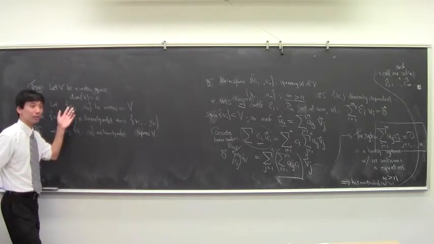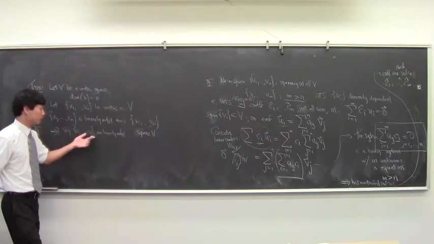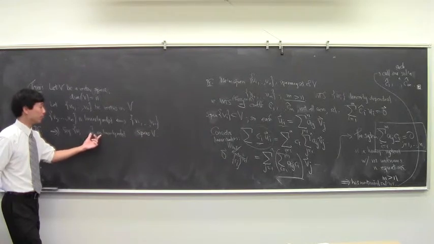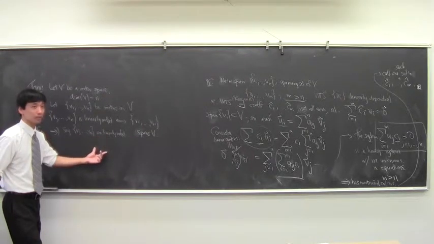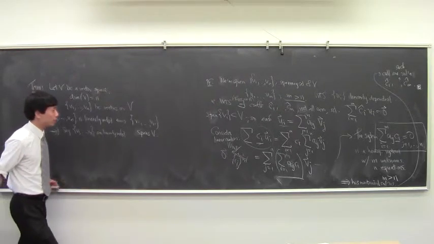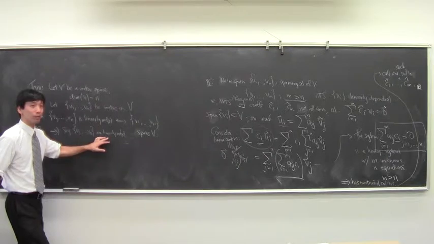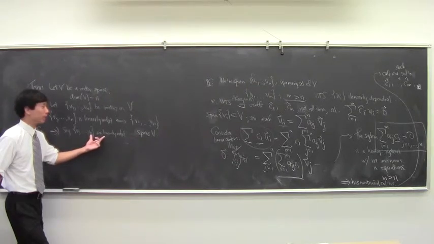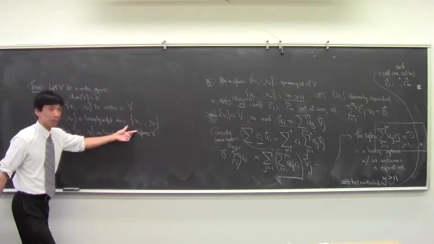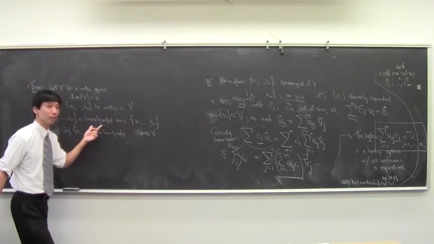So are we proving that it's a basis? Yeah, that's what we're showing. We know it's linearly independent already, and we're going to show that it also spans, and is thus a basis.